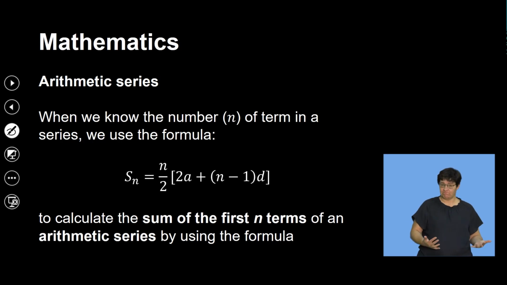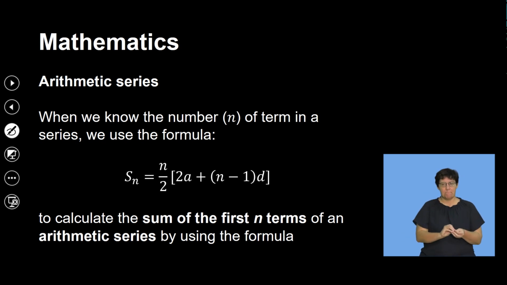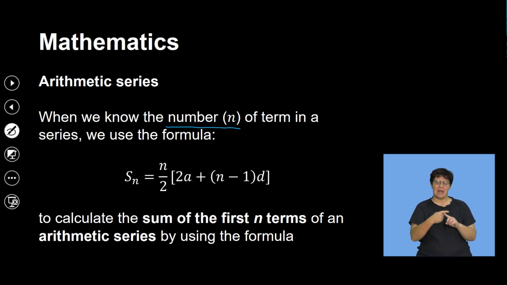So we do have a formula to calculate the sum of an arithmetic sequence, which is the arithmetic series. When we know the number of terms, we use the formula Sn = n/2 (2a + (n − 1)d). Obviously, you are not going to write it as Sn, because you will know what n is, which can be 100, 500, or 1,000, depending on how many terms they want you to find the sum of.